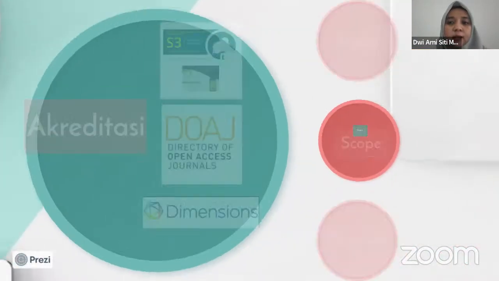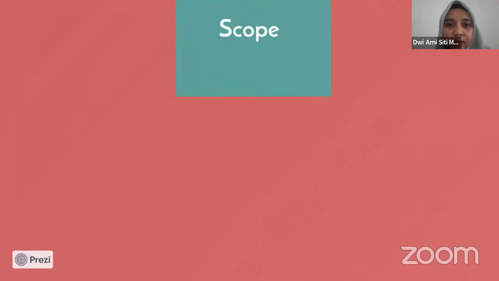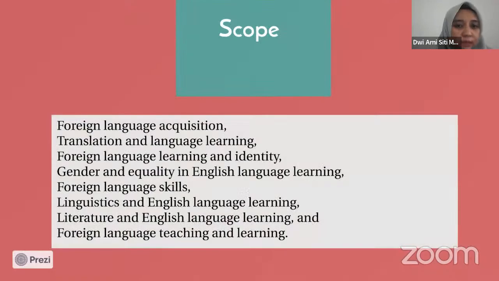And then we go to the scope. The scope of this journal includes foreign language acquisition, translation and language learning, foreign language learning and identity, gender and equality in English language learning, foreign language skills, linguistics and English language learning, literature and English language learning, and foreign language teaching and learning.